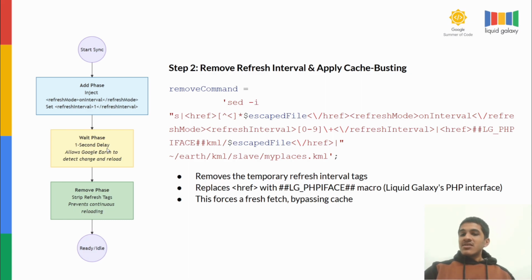This is very crucial because it allows Google Earth to detect changes and reload. Then we go to the remove phase. We remove the refresh tags that we added in our add phase. This prevents continuous reloading, and then we get our final ready state, which is the refreshed KML file. So this is a very simple diagrammatic explanation of the two-step refresh process. Let's move on to the next page.